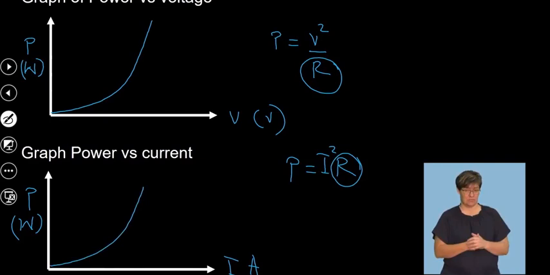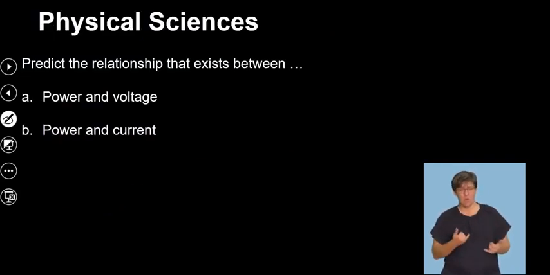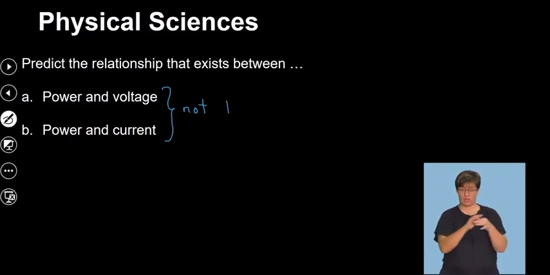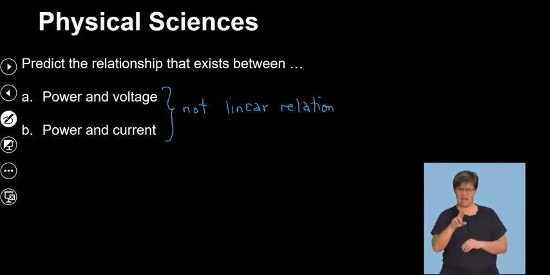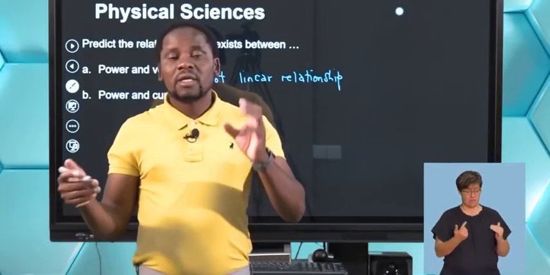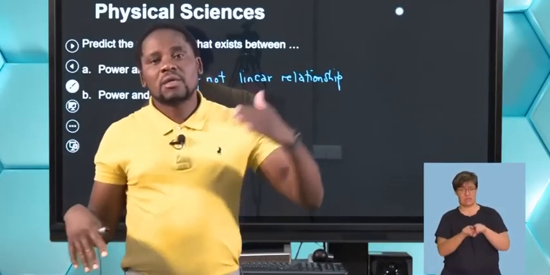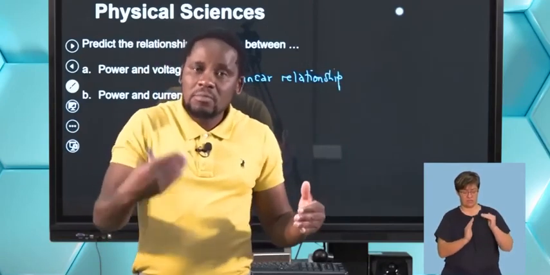Very important. Now, we want to predict a relationship that exists between power and voltage. Let's agree that these are not linear relationships. What do we mean by that? Remember, if two quantities are directly proportional, it means if you increase one, the other will also increase by the same proportion.